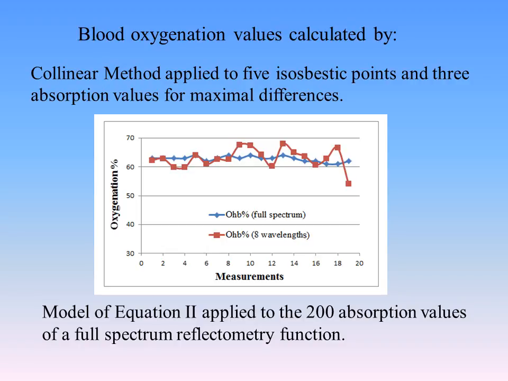I don't know exactly if this variation is only because we use here an example with 8 wavelengths, 5 isosbestic points and 3 non-isosbestic points, or if it represents a more sensitive method. The next step we explain this one.